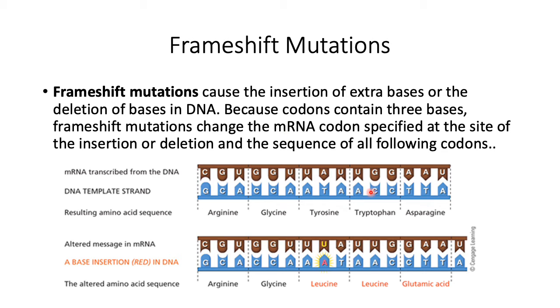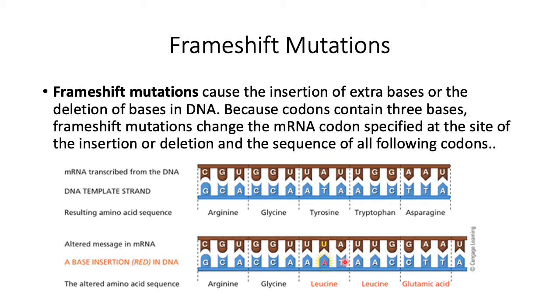So for example, here's a normal strand of DNA. And at the bottom, if you notice here, an extra nucleotide was added. This would have normally been tyrosine, except a whole new nucleotide was added, which is uracil. Because we have an extra one, from now on there's a frameshift. Now this is one codon, one triplet, right?